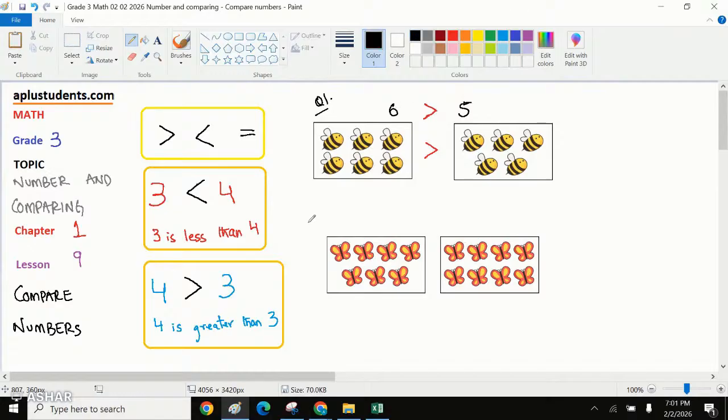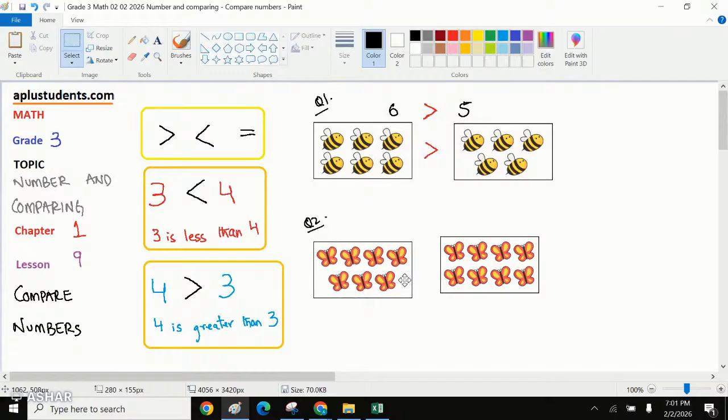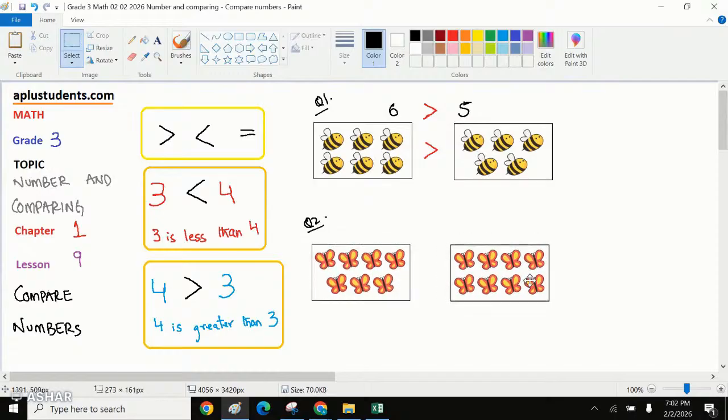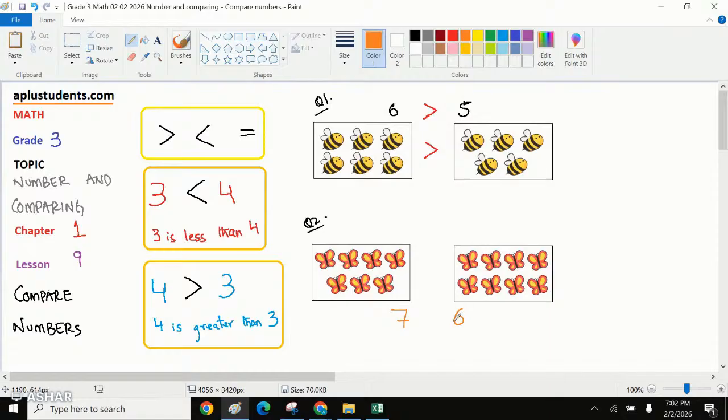Let's suppose for question number 2, we have a certain number of butterflies. In the first box, there are 1, 2, 3, 4, 5, 6, 7 butterflies, right? And in the second box, we have 6 butterflies, right? So which value is greater?